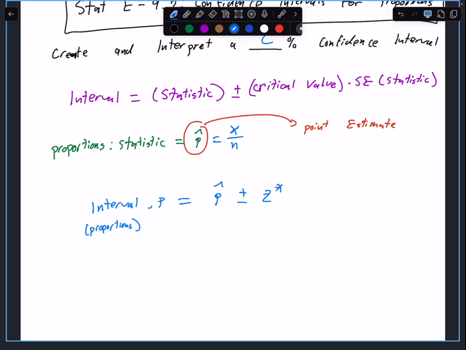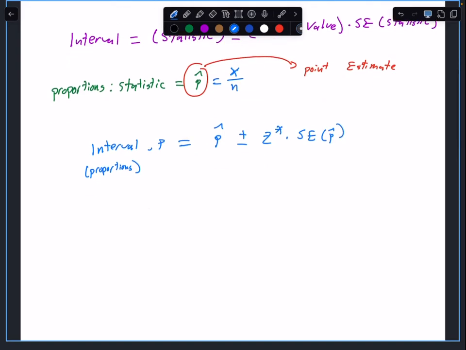That's the critical value. We call it z star. That's what I introduced to you in yesterday's assignment that you were doing while I was out. Times the standard error of p hat.